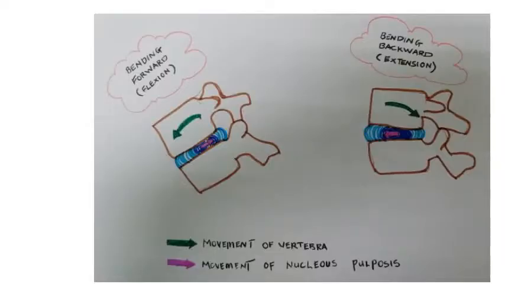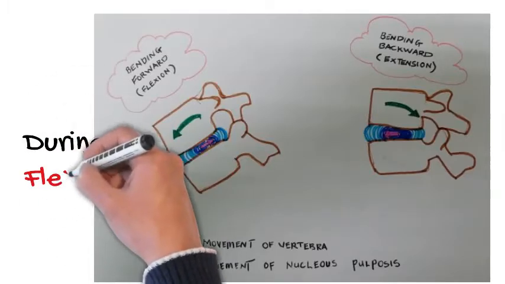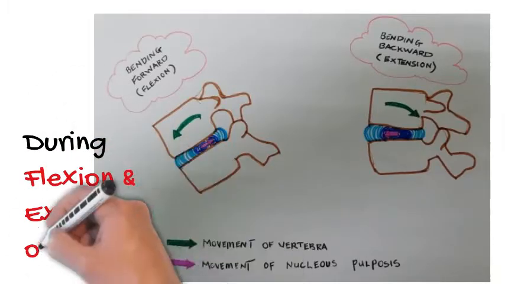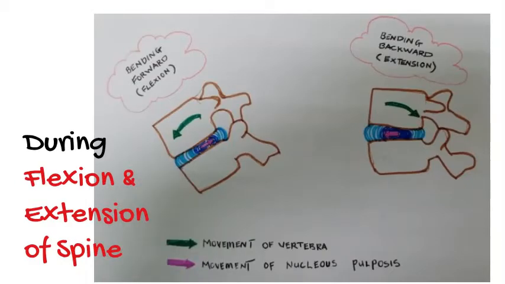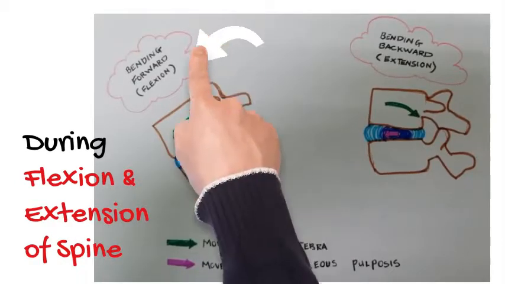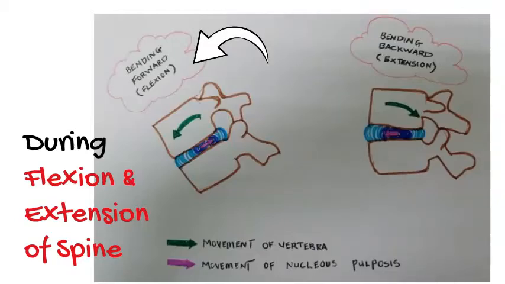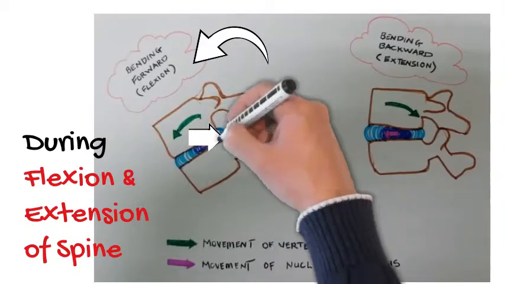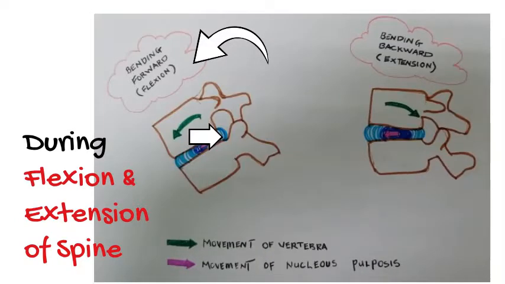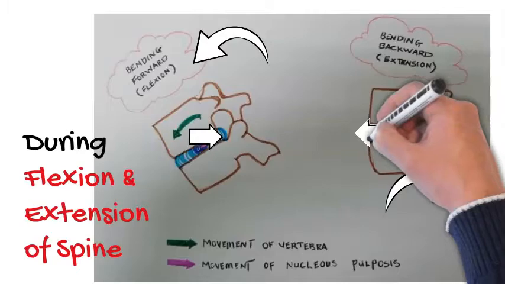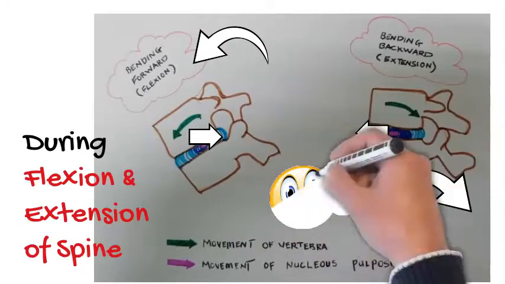McKenzie et al. described the flexion and extension motion of the spine as having clinical effects on the direction of movement of the nucleus pulposus. When the spine moves from extension to full flexion, the nucleus pulposus tends to displace or move posteriorly. When the spine moves from flexion to extension, the nucleus moves anteriorly, as shown by this picture.